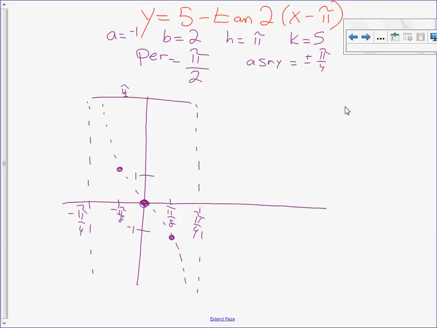Do we agree? Excellent. I know all that information just from this. I also know that my shift is going to be plus pi and plus 5 for all of the ordered pairs.